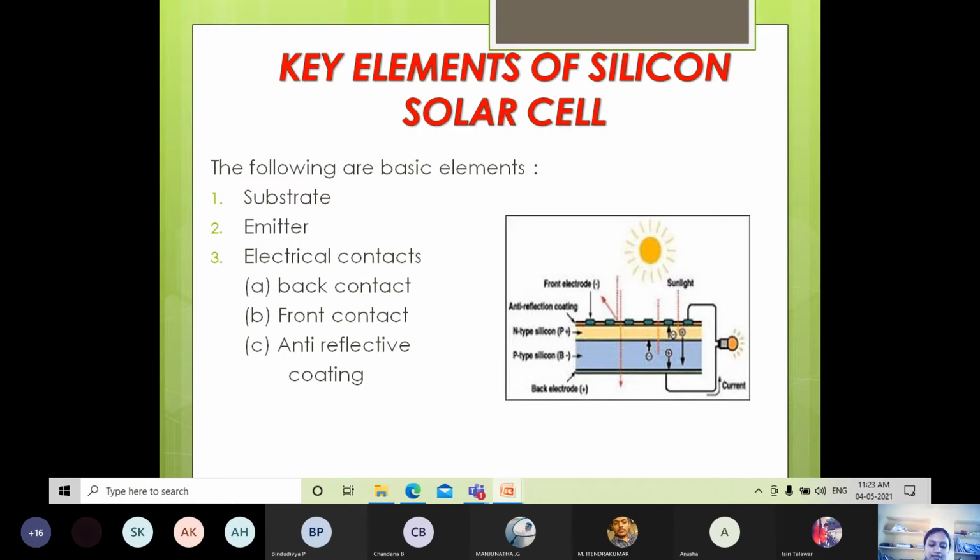The impurities they take here are phosphorus, arsenic, and antimony. In solar cell applications, phosphorus is the most widely used.